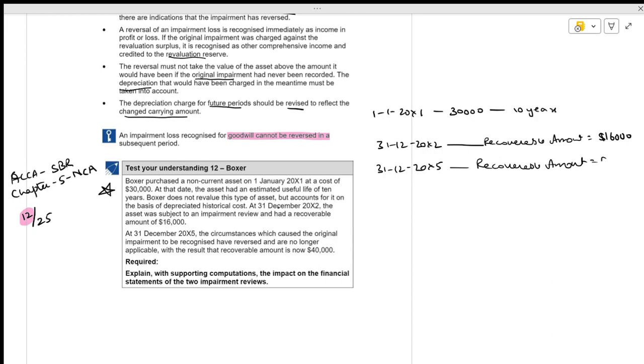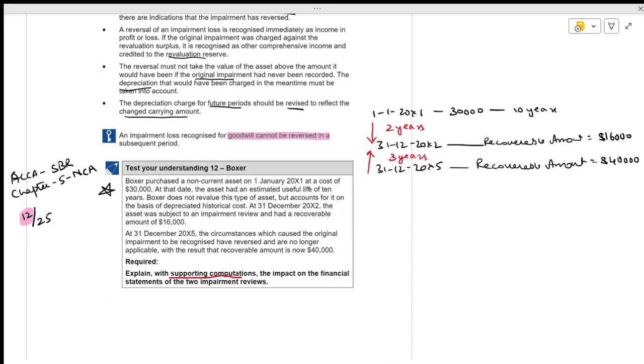First, the recoverable amount decreased after 2 years. Then the recoverable amount increased after 3 years. They are asking: explain with supporting computations the impact on the financial statements of the two impairment reviews.